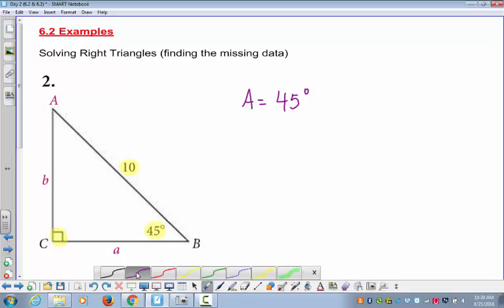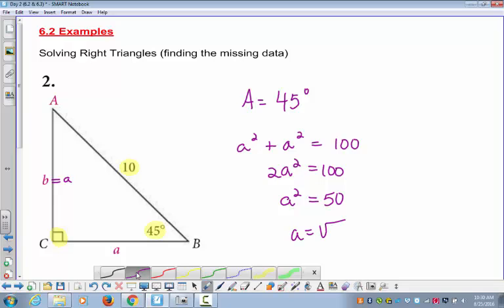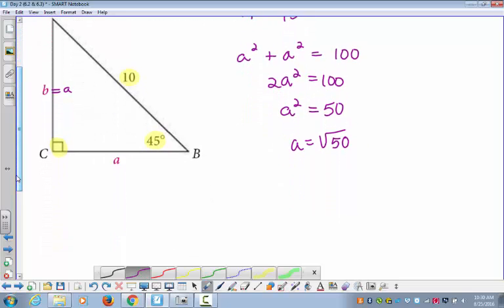So we could use a Pythagorean theorem approach. We could say that B is equal to A. Those are the same. So we could say A squared plus A squared is equal to 100. So 2A squared is equal to 100. So that tells us that A squared is equal to 50. And that tells us that A is the square root of 50. A is a distance. It's the length of a side of a triangle, so I don't need the negative square root of 50.